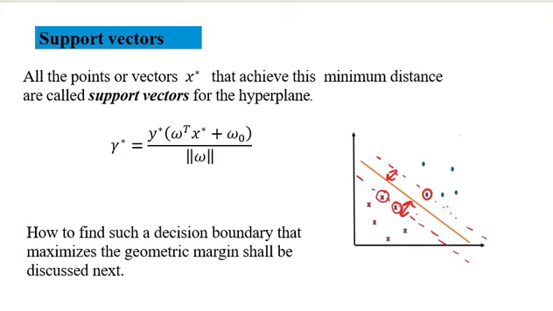So those vectors which achieve this minimum distance. So we had taken out the geometric margin for all these samples. Okay, so this is the minimum value on the positive side, and similarly we have the minimum value on the negative side. So these vectors which fall at that distance are called the support vectors.